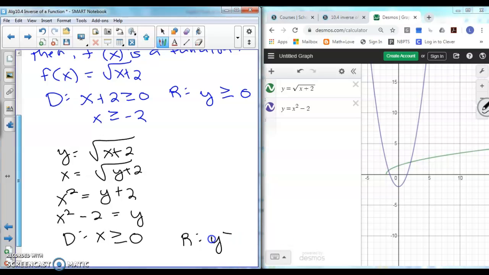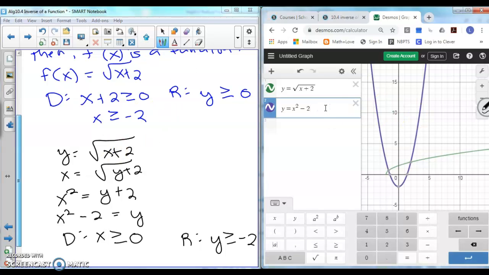So y is greater than or equal to negative 2. So let's see how that information will affect our graph. We want the domain to be greater than or equal to 0 only. Ooh, so look at that.